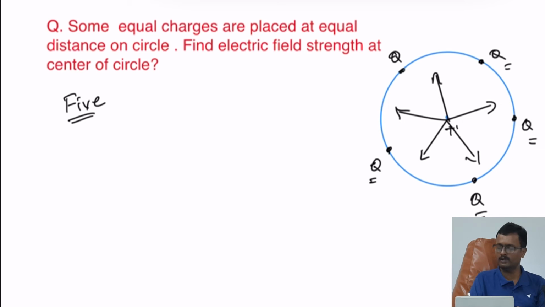See, 5 equal vectors act at the center point. The angle between these two vectors is taken as x.